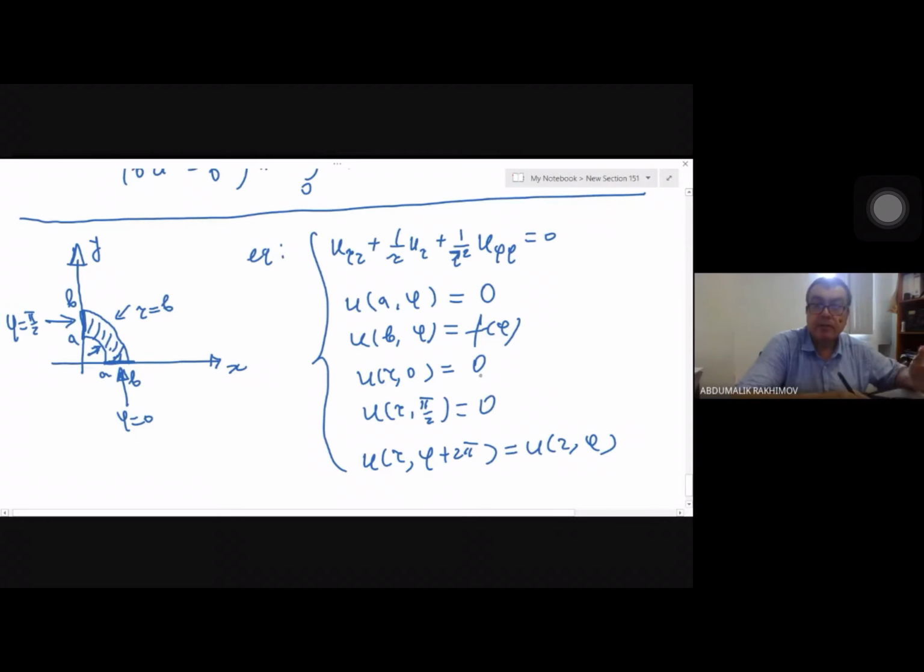Then what will be the difference from the previous one? We will do all the steps.